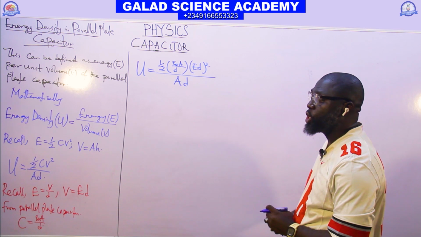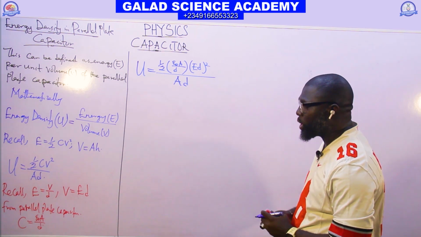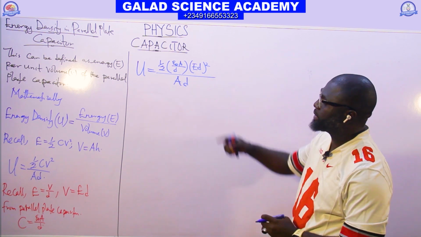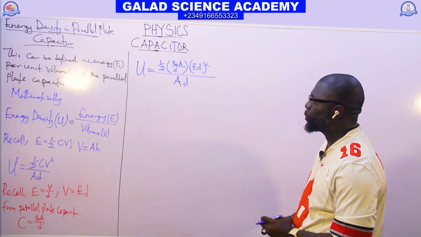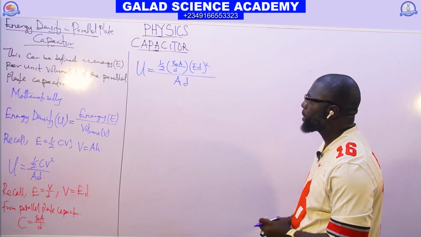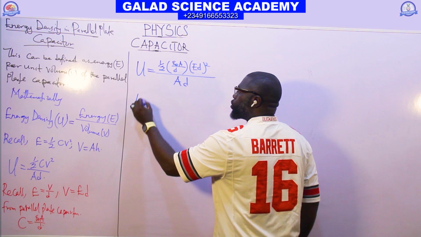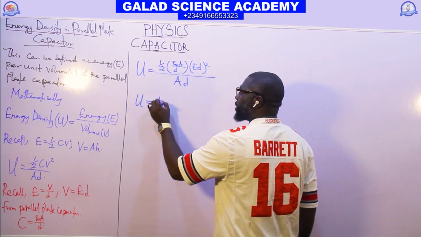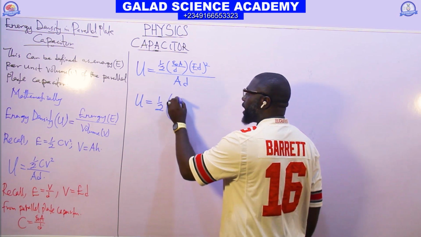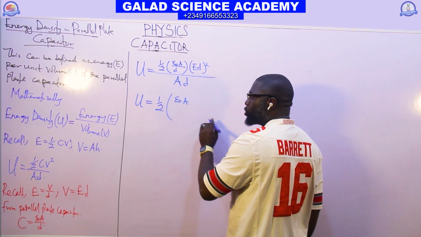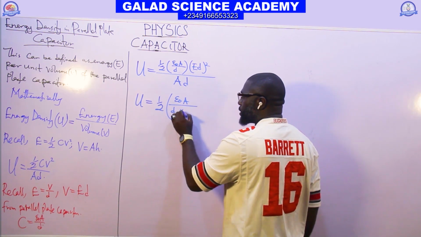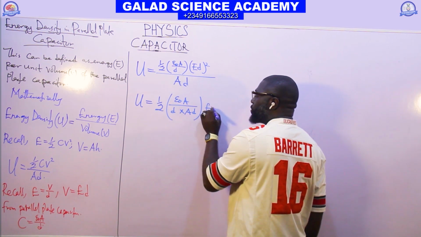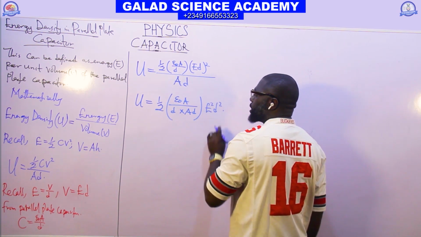And the next thing is we need to expand. By expanding this, U will be half of epsilon naught A over D multiplied by A D, and E gives you E square D square.